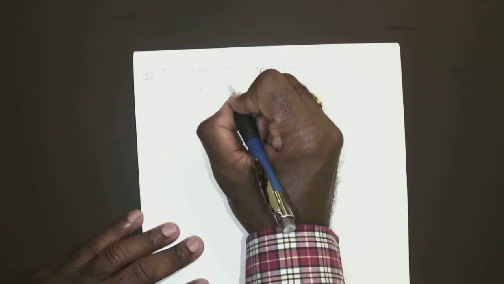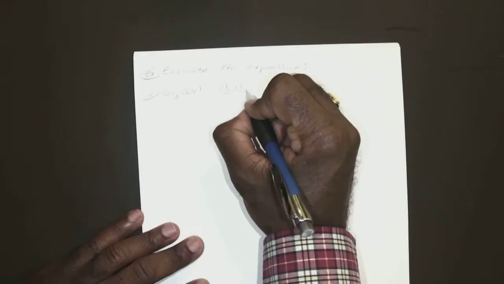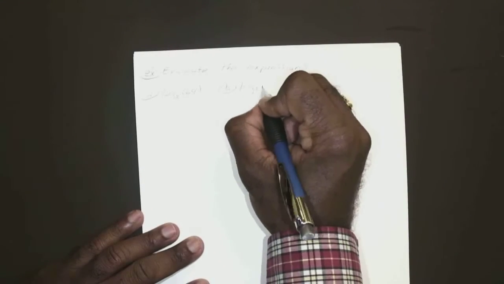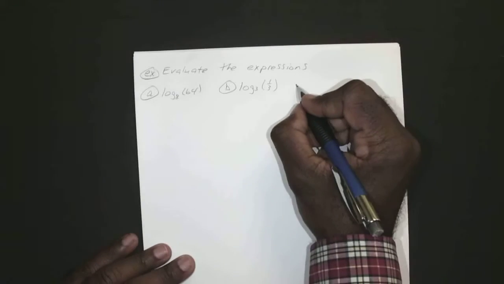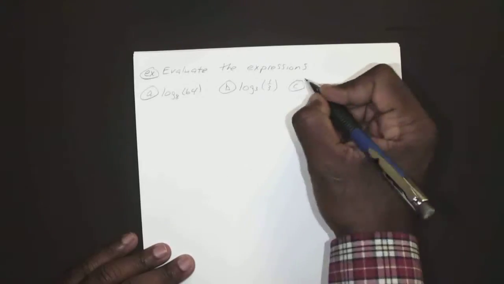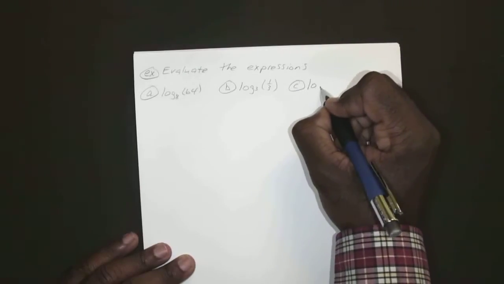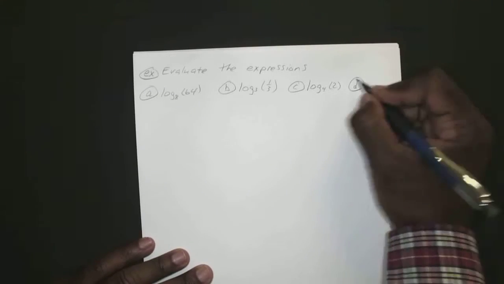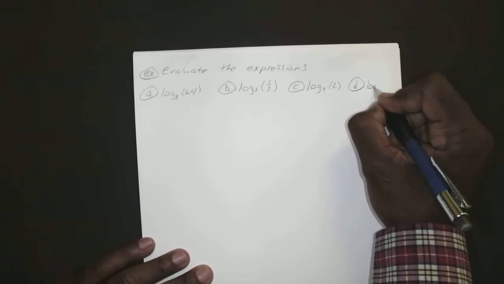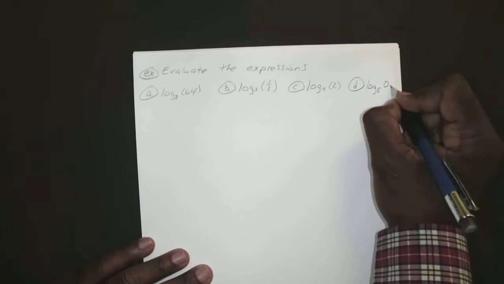Now let's say for B, log base 3 of 1/3. And let's say for C, log base 4 of 2. And let's throw a little odd one in there, and let's say for D, log base 5 of 0.04.